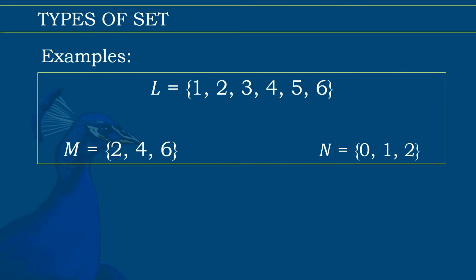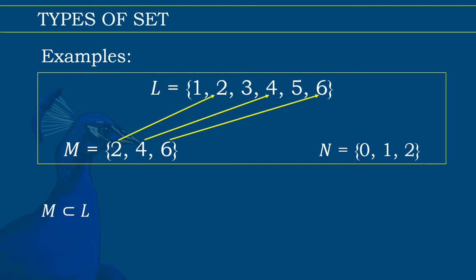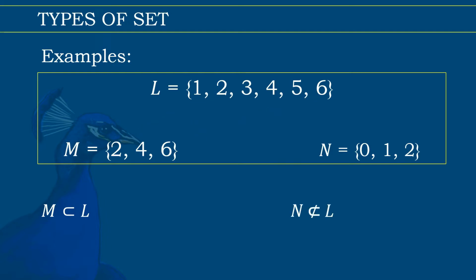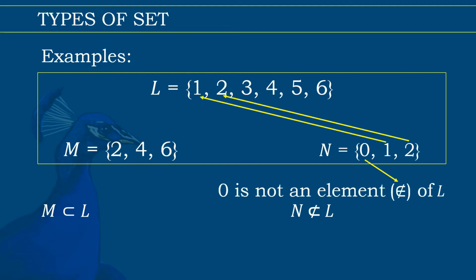In this example, set M is a subset of set L, since all the elements of set M are also elements of set L. But set N is not a subset of L, since not all elements of set N are contained in set L. I hope it is all clear with you those types of set.